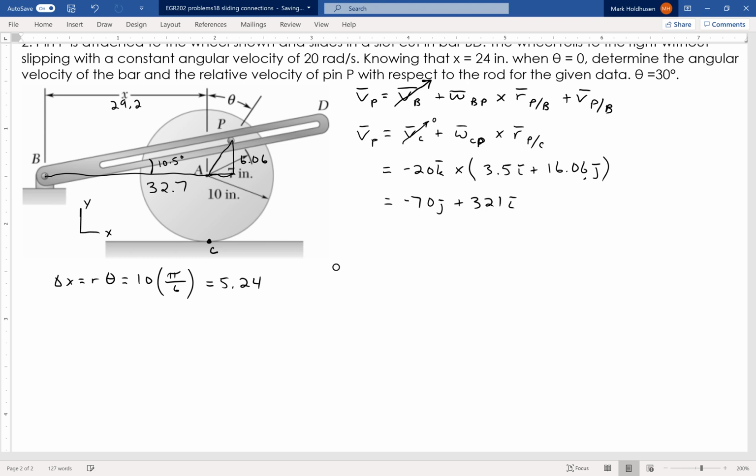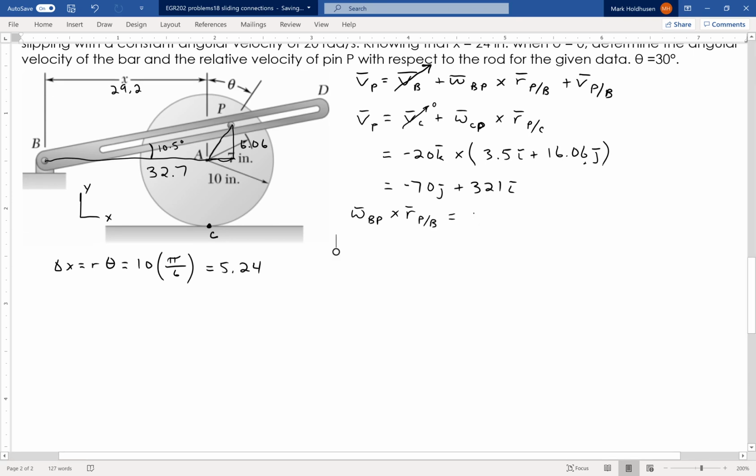So now I've got my omega BP, which is one of the things I'm looking for, crossed with r of P with respect to B. Now this is where, if I'd set up my x-axis, say, along BP, this would just have an i value. Instead, I'm going to have omega BP in the k direction.